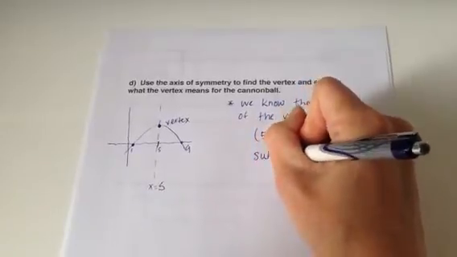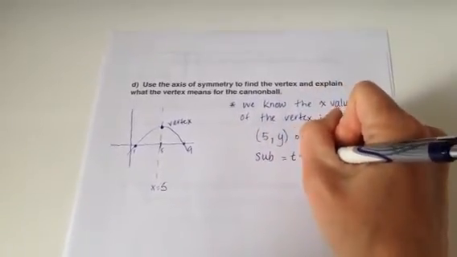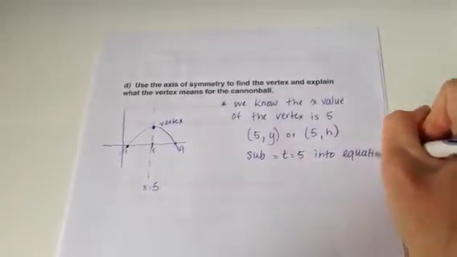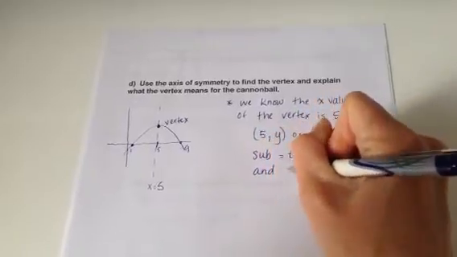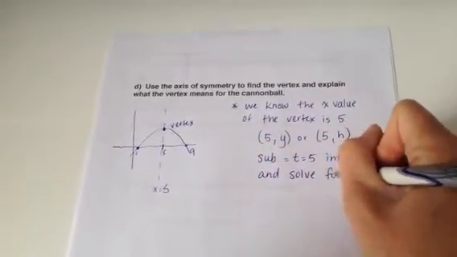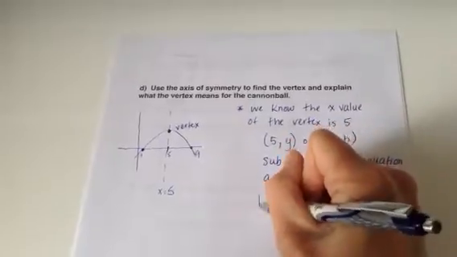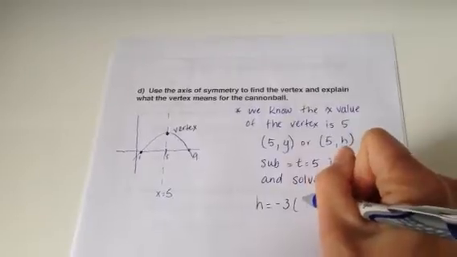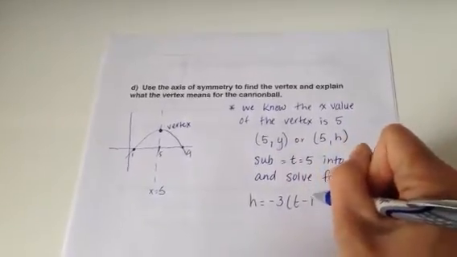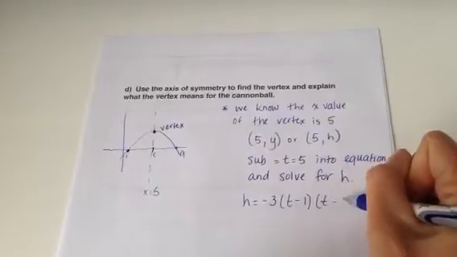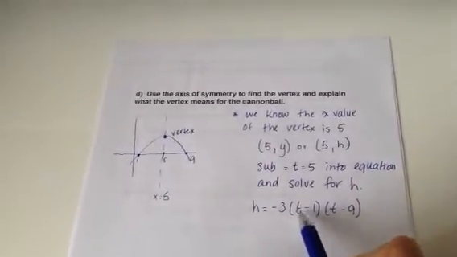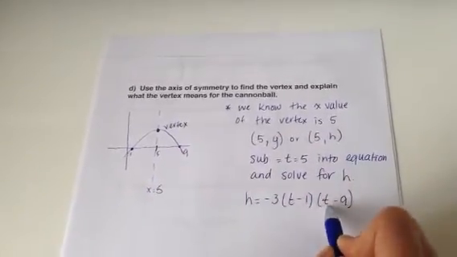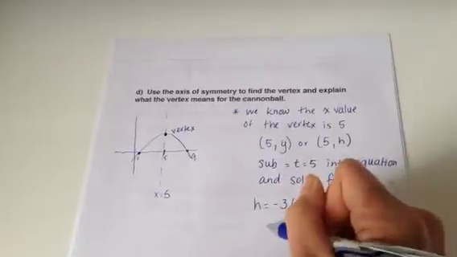So sub t equals 5 into the equation and solve for h. So our equation is h equals -3 times (t minus 1) times (t minus 9). We know that our vertex will occur at 5, so we can plug 5 in for t and we can solve for h.